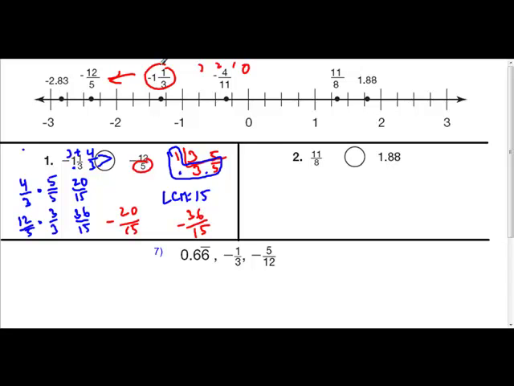So if this is 20 here, then 36 must be further down the road here. And actually, it's right here. So this number right here is closer to 0 or further to the right, than this number, so this is our greatest number.